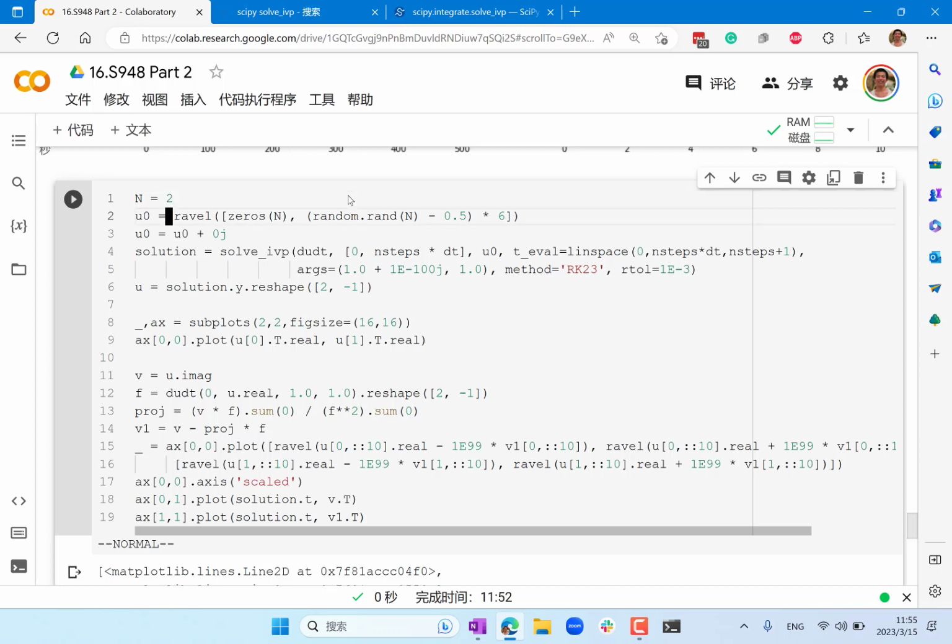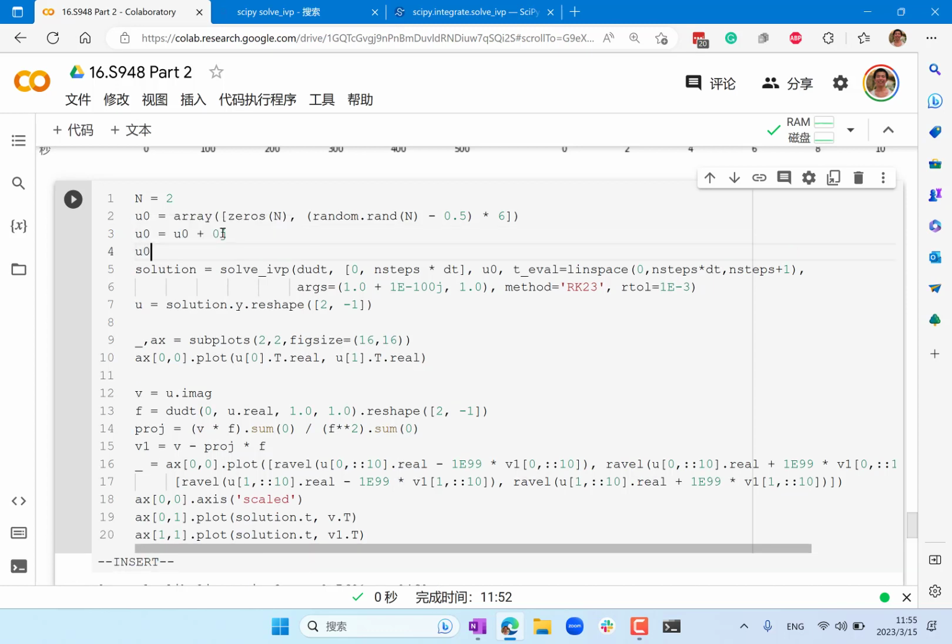Instead of a ravel, I'm going to make it an array, and instead of adding a zero imaginary component, I'm going to be adding a 10 to the minus 100 j on the first equation. That's what I mean. Right.